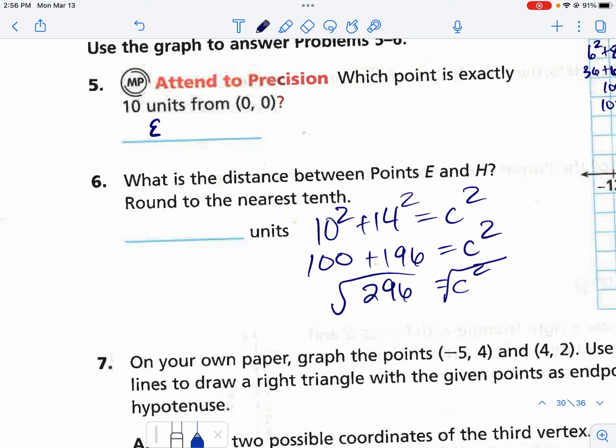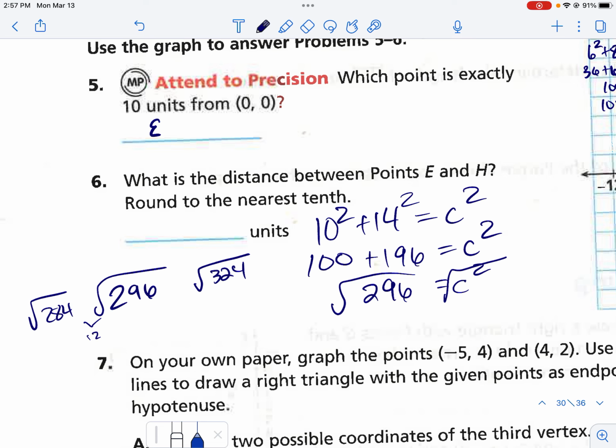Take the square root of both sides. Okay, so 296 is in between 284 and 324. So if I was going to think about this, this is only 6.